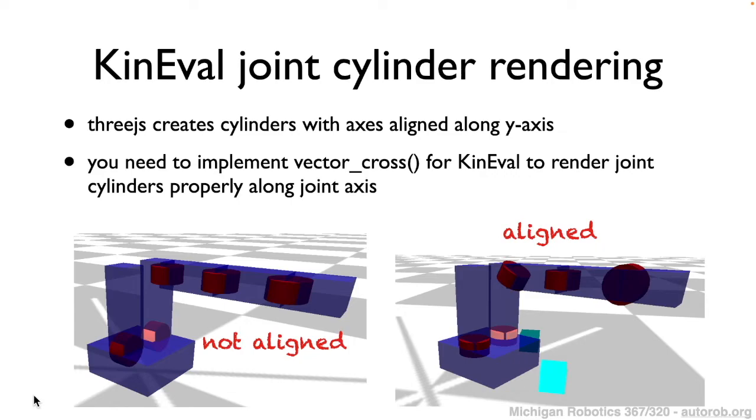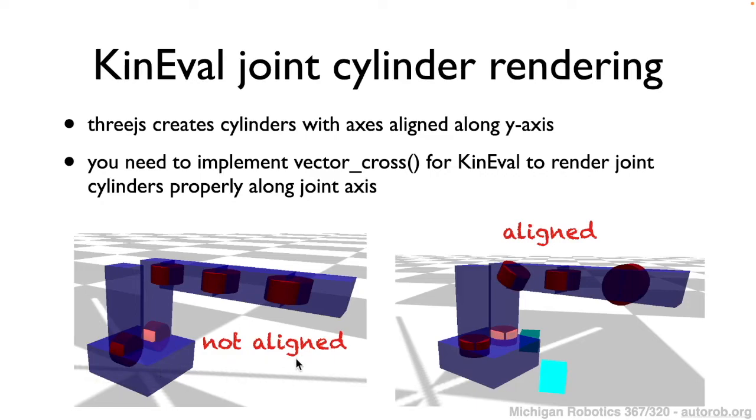One case where vector cross is important is visualization. If your vector cross and your forward kinematics are implemented correctly, the joints, which are shown as the cylinders in our visualization, should be aligned with the axis of rotation that they apply.